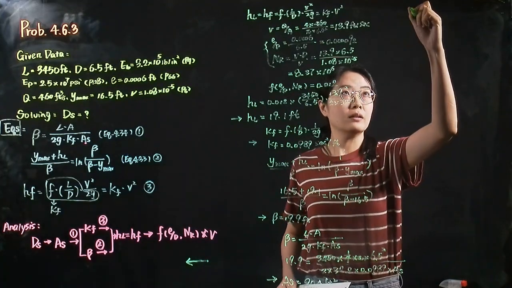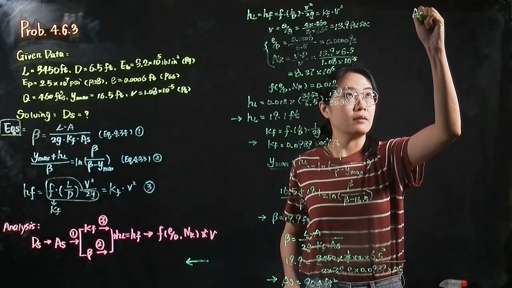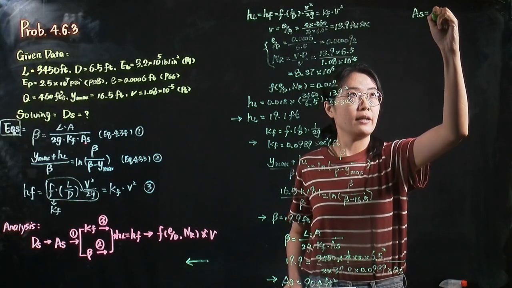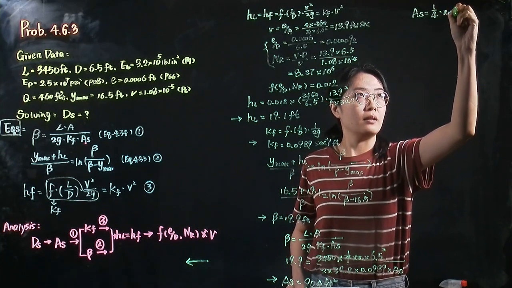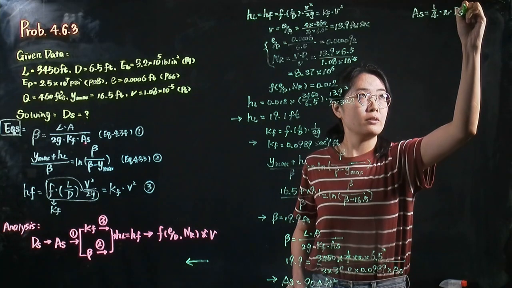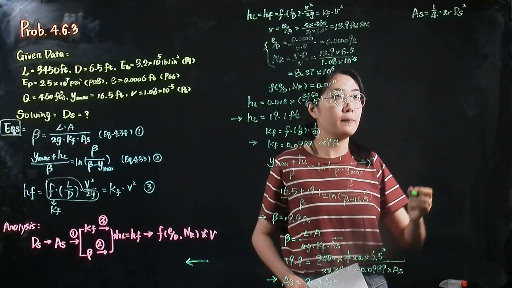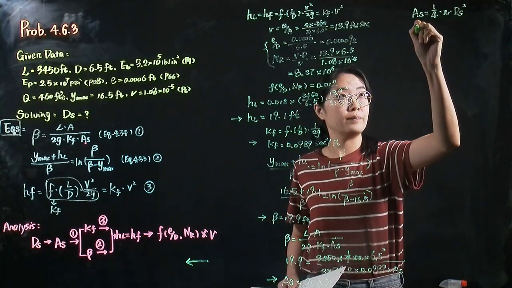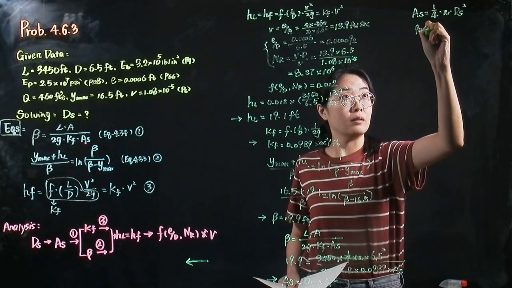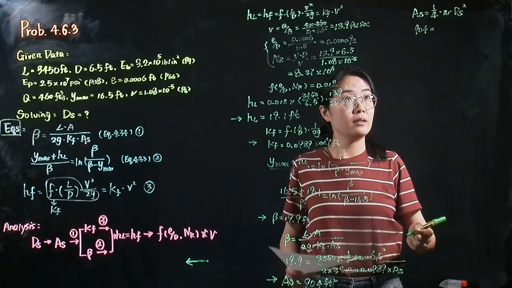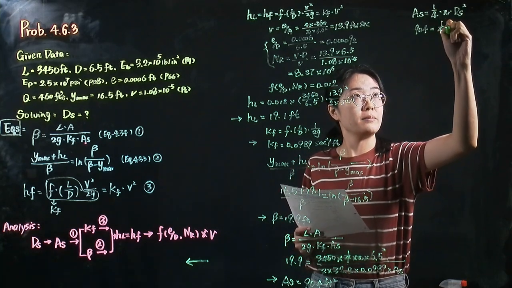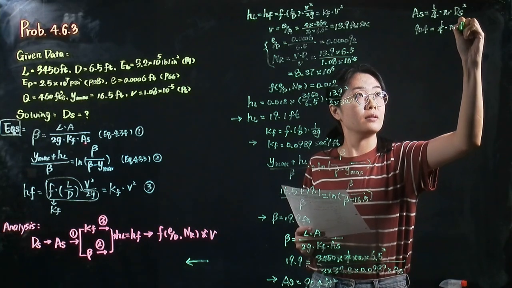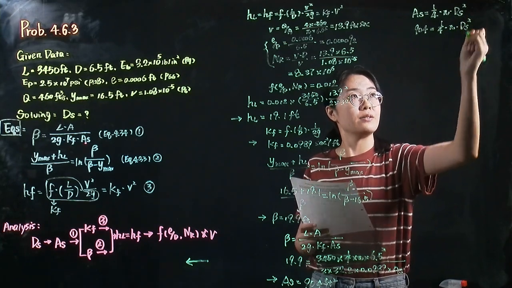And because the area of the surge tank equals 1/4 times pi times the diameter of the surge tank squared, 904 equals 1/4 times pi times D sub S squared.